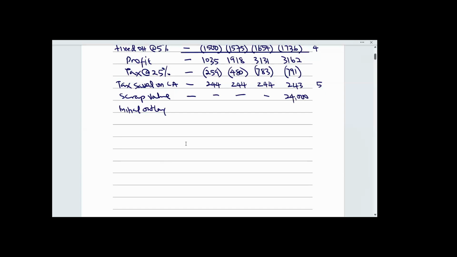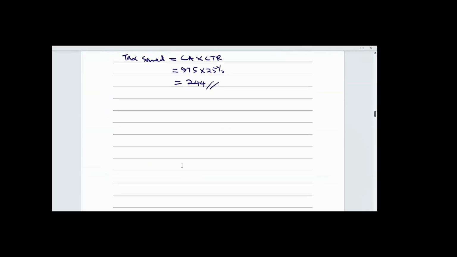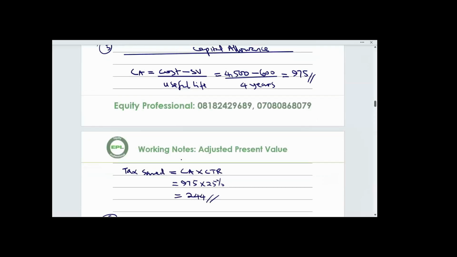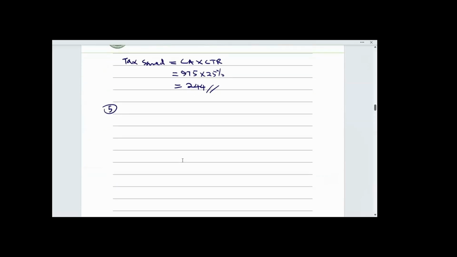Okay, then. So, according to the question, we have two different initial outlay. Let's go and do working for that. Initial outlay. Working number 6. So initial outlay.